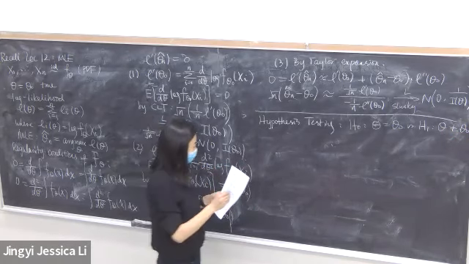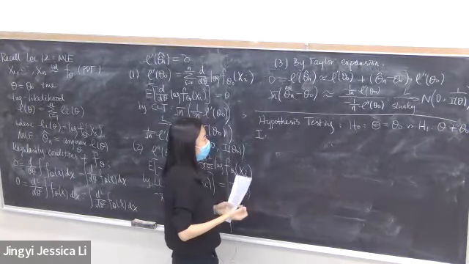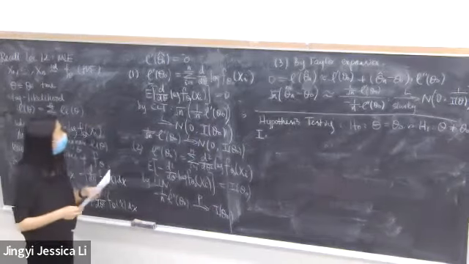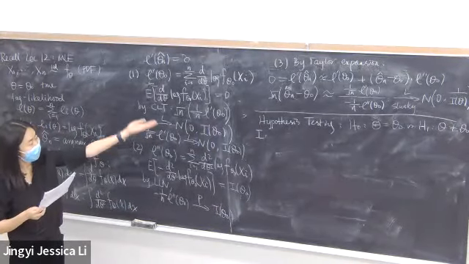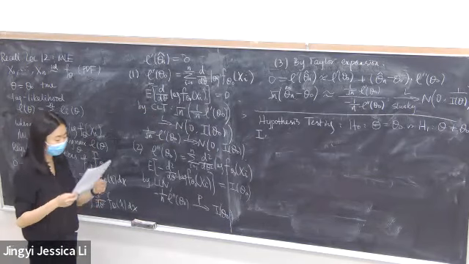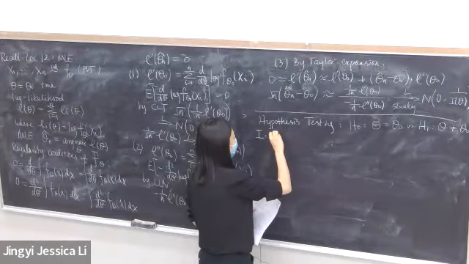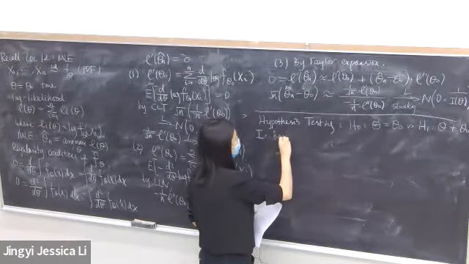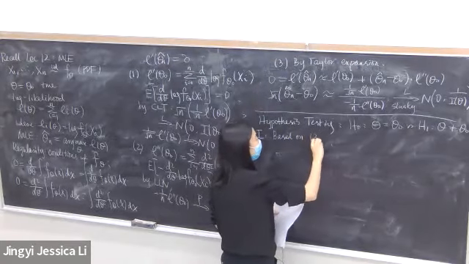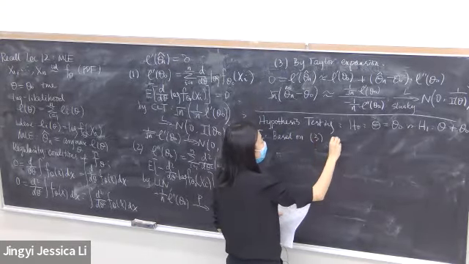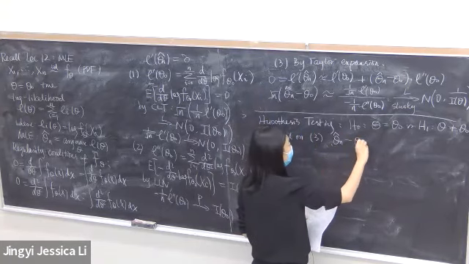The first one is called the Wald statistic. And the Wald statistic is based on the MLE result, result 3, about theta hat n minus theta 0.